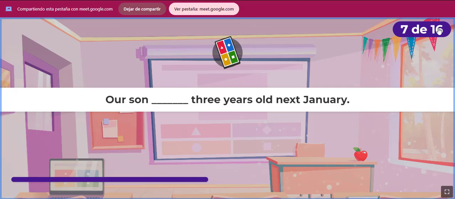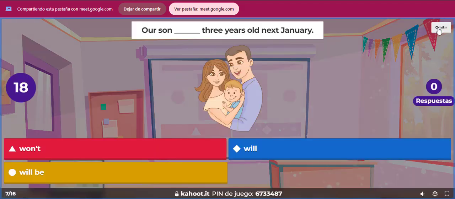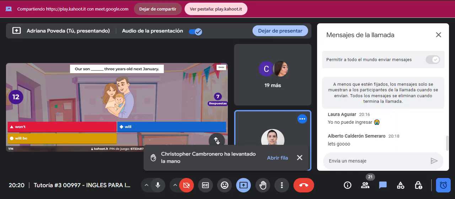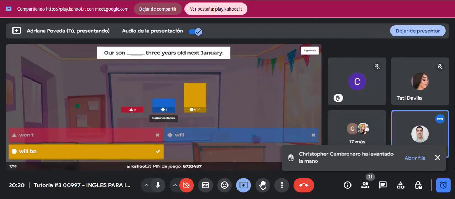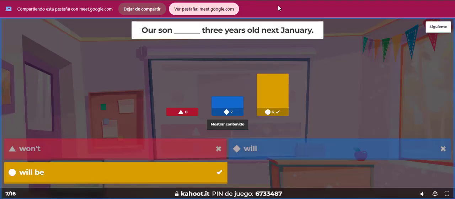Number 7, our son, 3 years old next January. Number 6, 6 people got it correct. Our son will be 3 years old next January. Excellent.